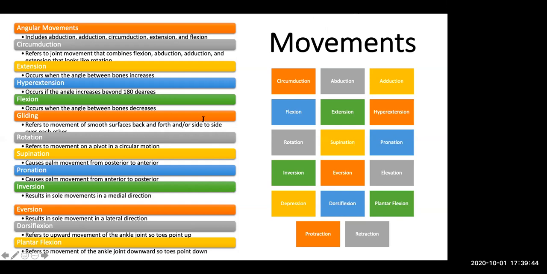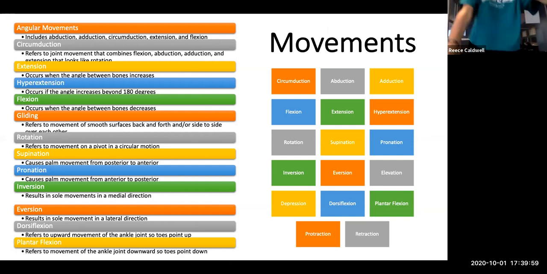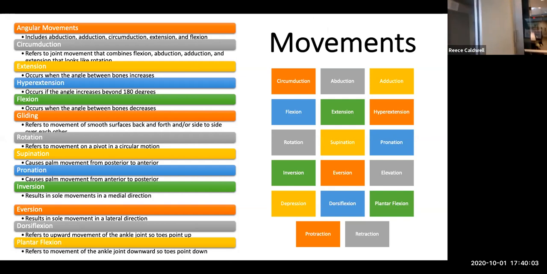Okay, so for the hinge, what's the example again? So the hinge joint is like any joint that kind of opens and closes. So if you think about it, have you ever heard of like a door hinge, like a hinge on a door? What that is, like this structure thing right here, that's like the hinge of a door.